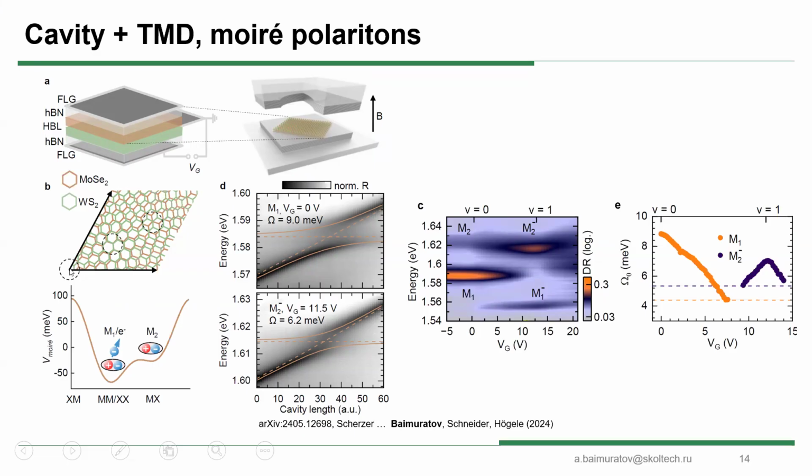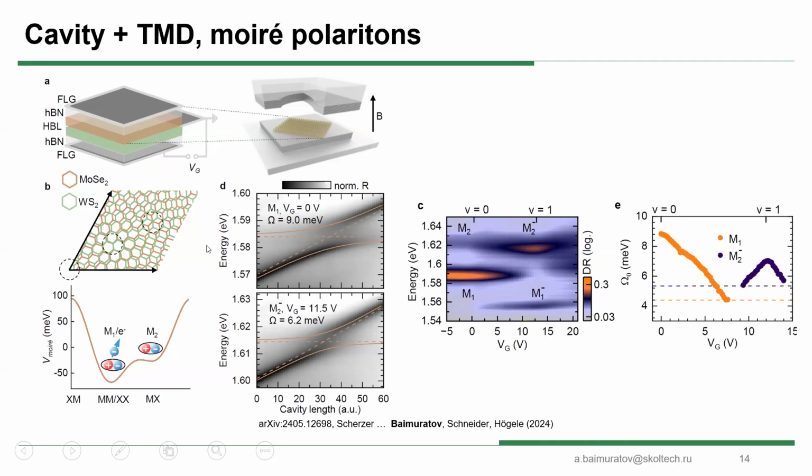We have this Moiré unit cell again, and we know the positions where we have this M1 and M2. And you see the cross-section of the potential. Yes, first would be in the absolute minimum, and second would be in the second minimum, M1, M2.